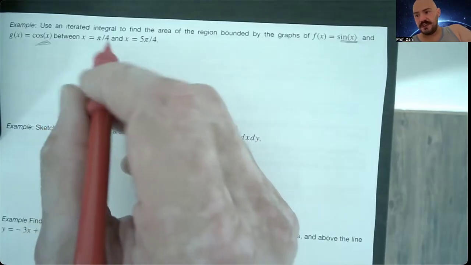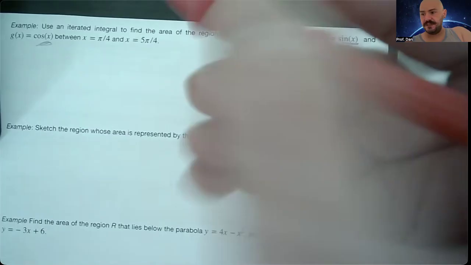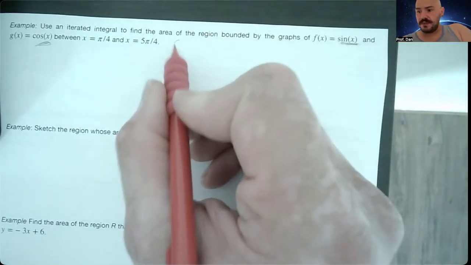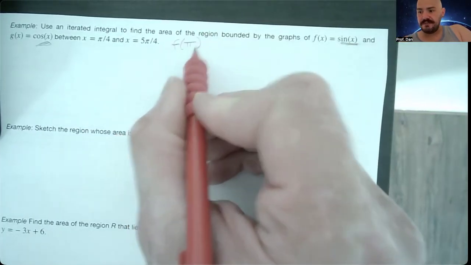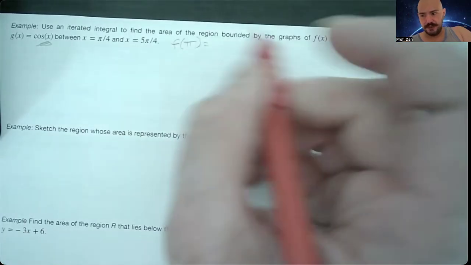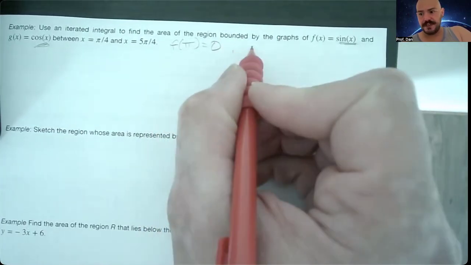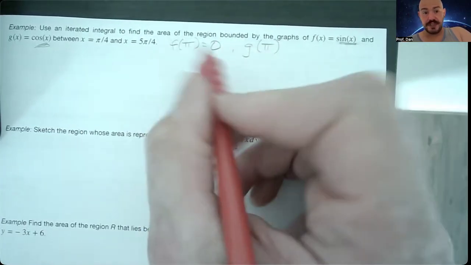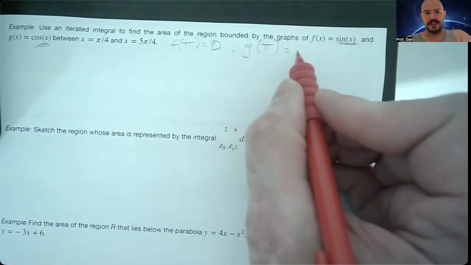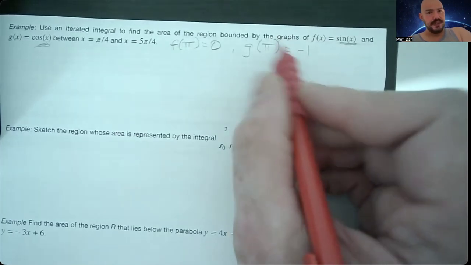If I pick something easy, I know that pi is somewhere between there, right? So f of pi is going to be sine of pi. We know sine of pi is 0. G of pi is cosine of pi. We know that that is -1.